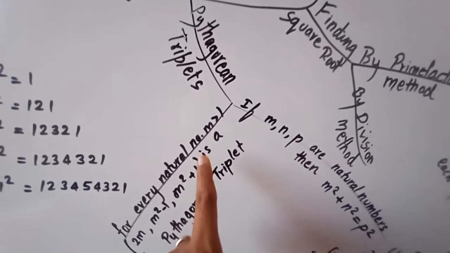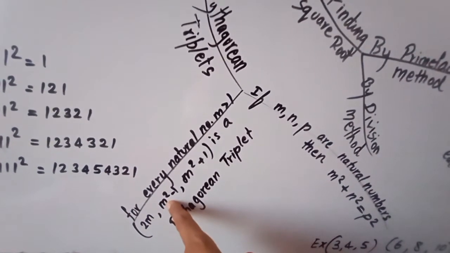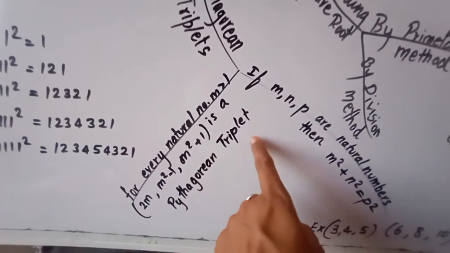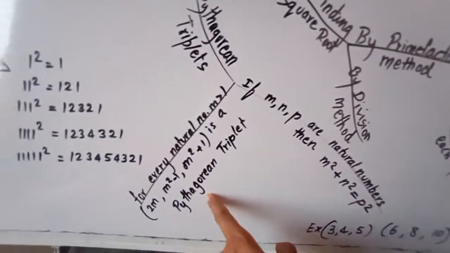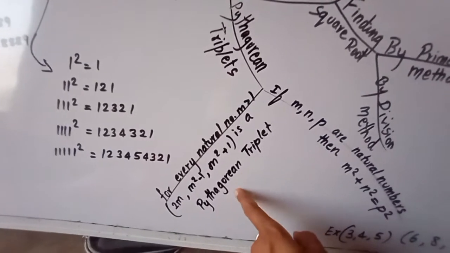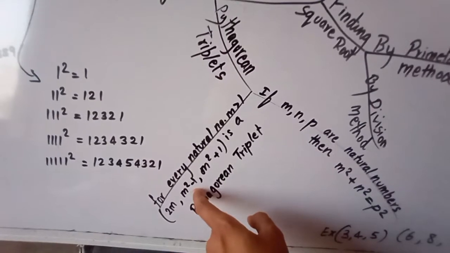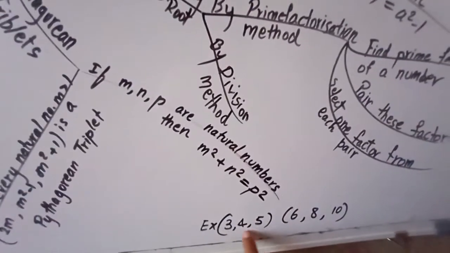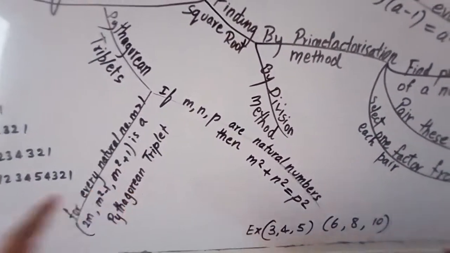For every natural number m greater than 1, 2m, m square minus 1, m square plus 1 is a Pythagorean triplet. So these numbers also can be indicated in this way. So this is a general form.